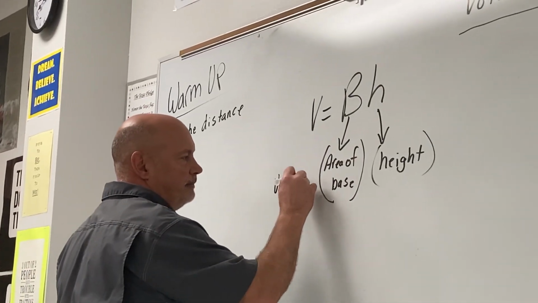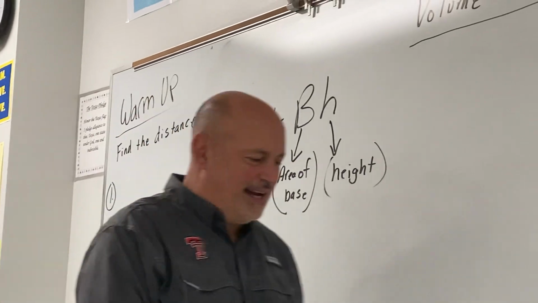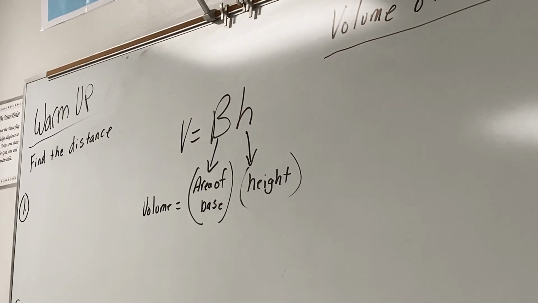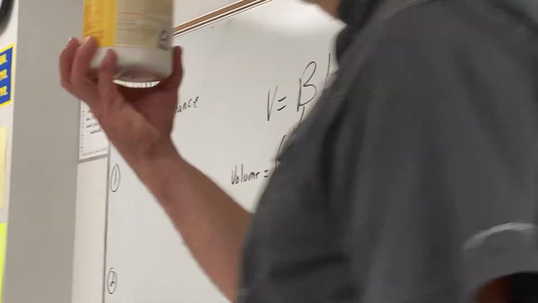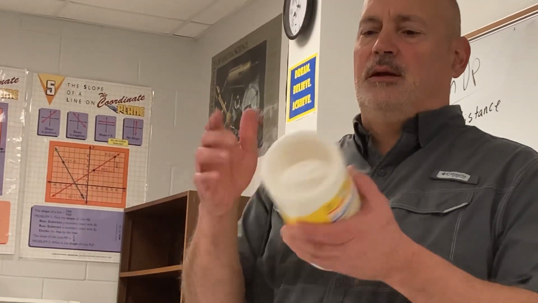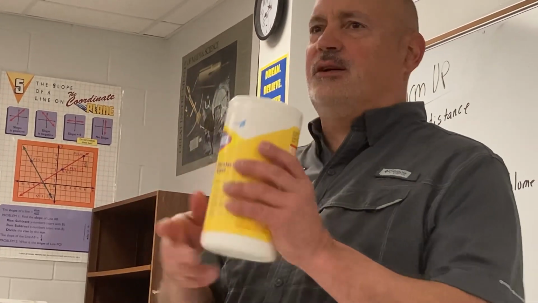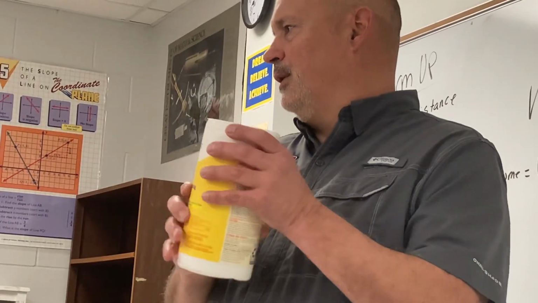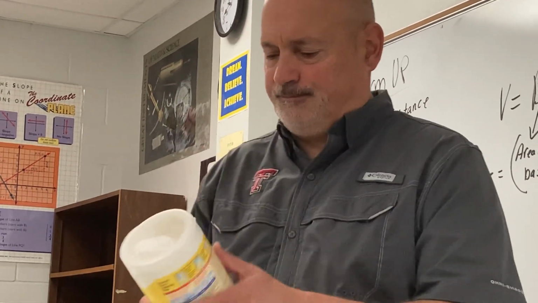Questions? All right, what type of shape is the base of a cylinder? Do y'all agree with Caden? By the way, the base, there's always two of them. Write that down. There's always two of the bases.